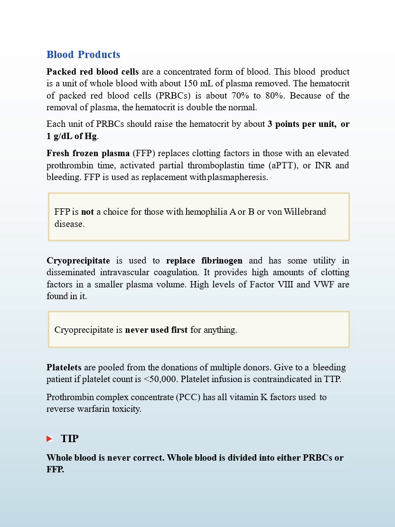High levels of factor 8 and VWF, or von Willebrand factor, are found in this product. We need to remember there is a clinical tip: cryoprecipitate is never used first for anything.